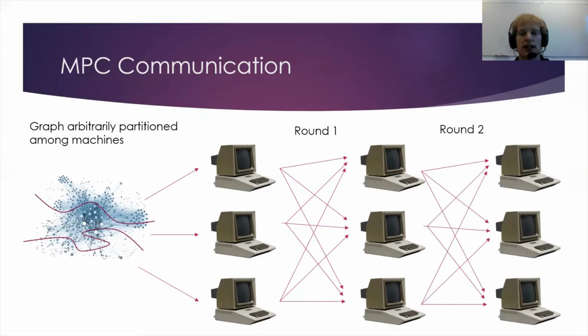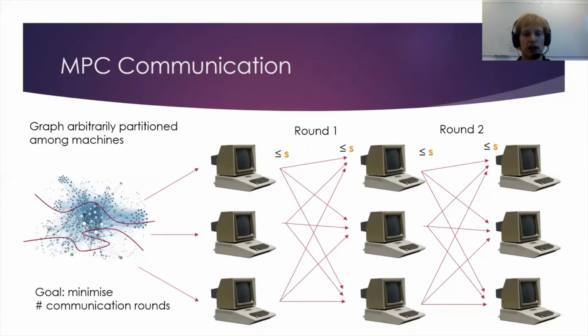The only restriction here is the space bound S. The computation done by the machines has to use no more than S space, and the total amount of information they send and receive during the communication phases is also bounded by S. As long as we observe that restriction, our goal is to minimize the total number of communication rounds until we solve the problem and can output the solution on the graph. So that's the MPC model.